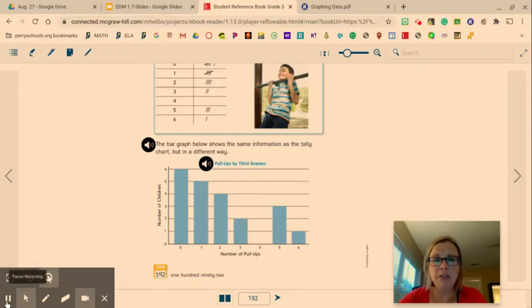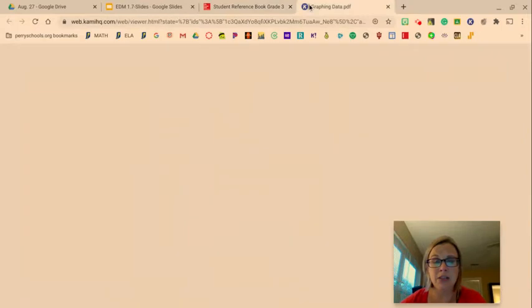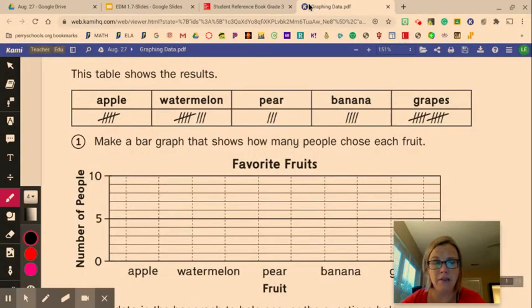So I am going to show you guys how to use tally charts to make a graph. So we're going to make a bar graph that shows favorite fruits. So in my table, I can see that we're measuring apples, watermelons, pears, bananas, and grapes.